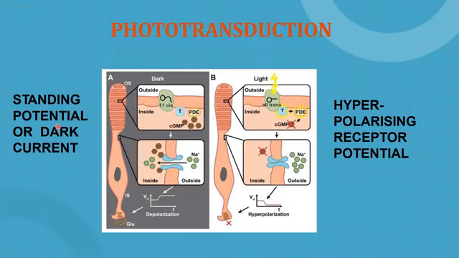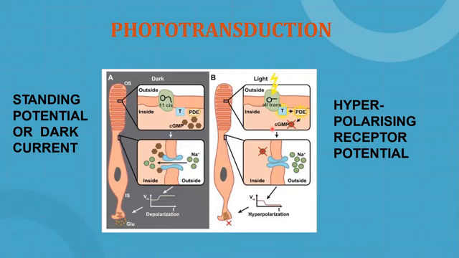So this is the standing potential or dark current which takes place in the darkness. There is production of cyclic GMP, the sodium gates are open, and sodium influx takes place, leading to depolarization.